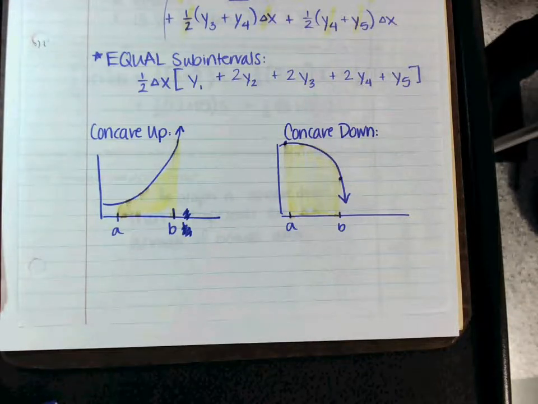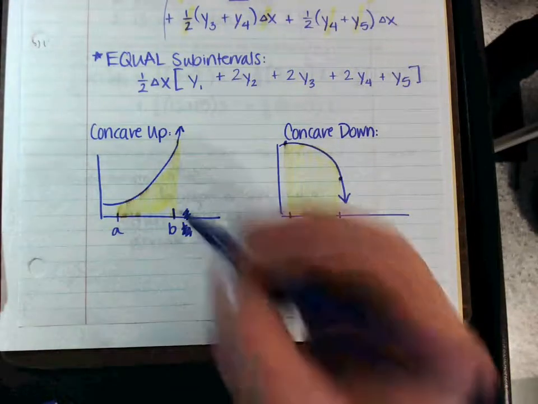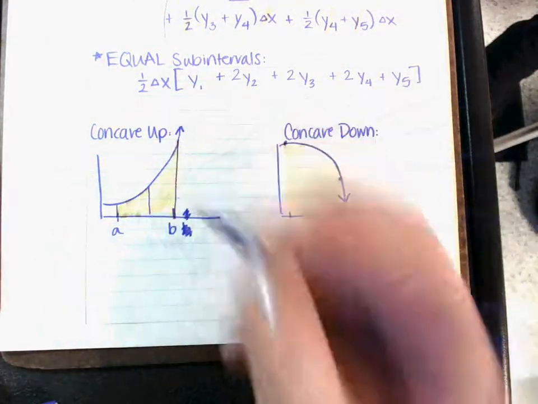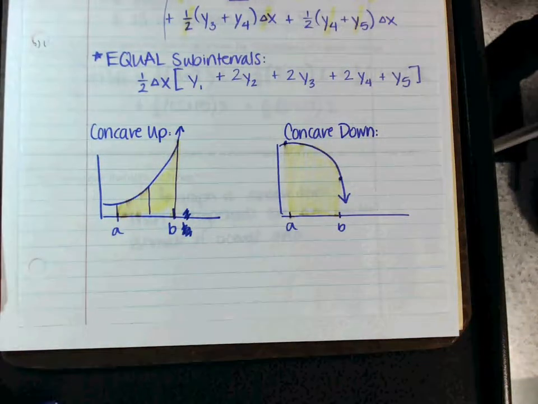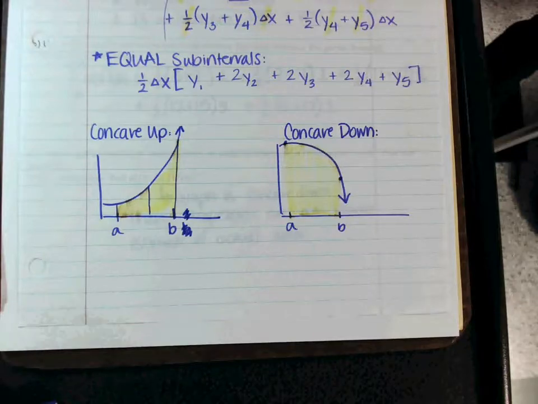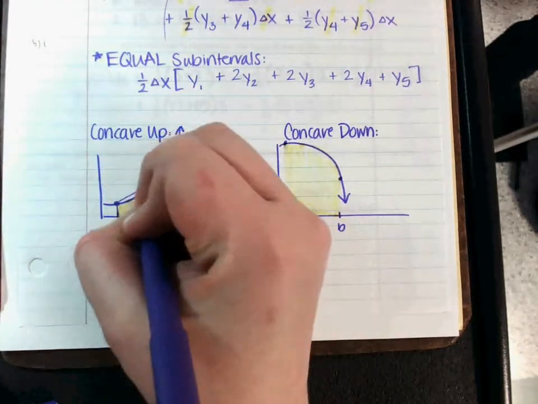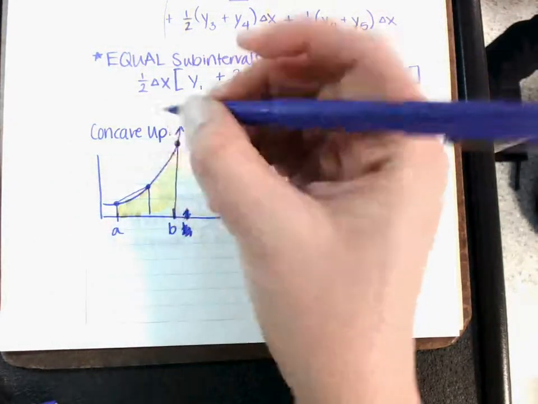Just do 2 trapezoids, don't do 4. Remember, the fewer pieces you have, the more error you're going to have. So if I draw my trapezoid into my concave up graph, I'm connecting these 2 y values, and then connecting these 2 y values.